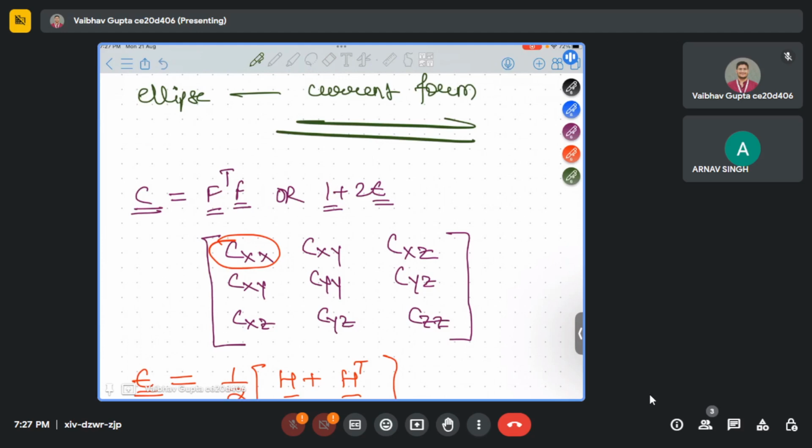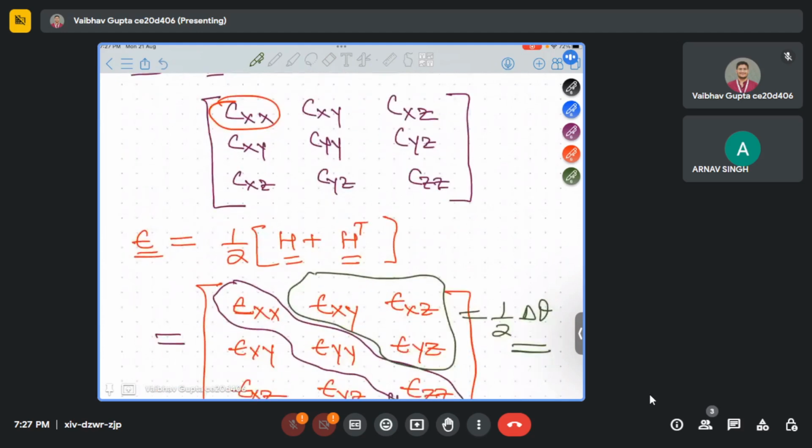If our deformation is very small, then material and spatial linearized strain are the same. Finally, we saw how to calculate change in length and change in angle.